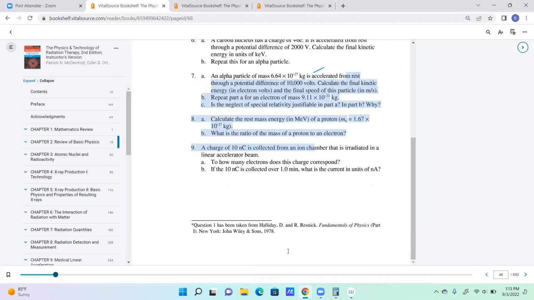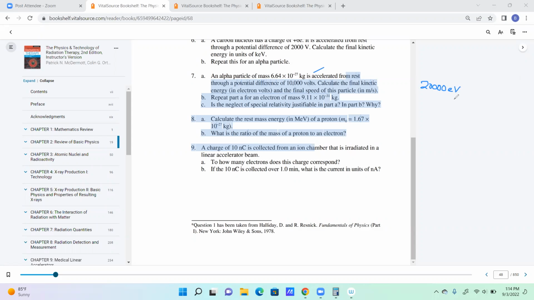So now let's go down here. What is the final kinetic energy in electron volts? We knew what that is. What is the final speed of this particle in meters per second? Now, we know that we have 20,000 electron volts.